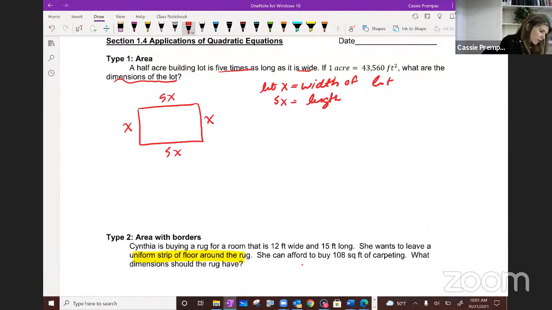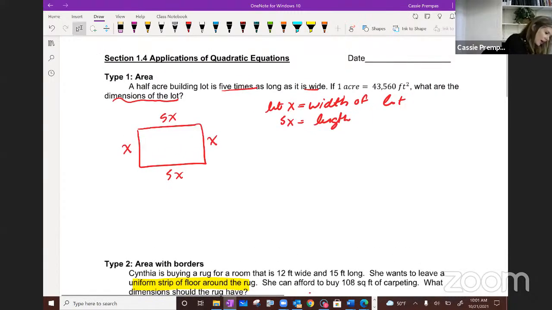Now, what are we told about the lot? We're told that it's a half acre and we're told what the area is of 1 acre. So since the entire lot is 1/2 acre, we know that the area of the lot would be 1/2 of that square footage, 43,560 square feet.